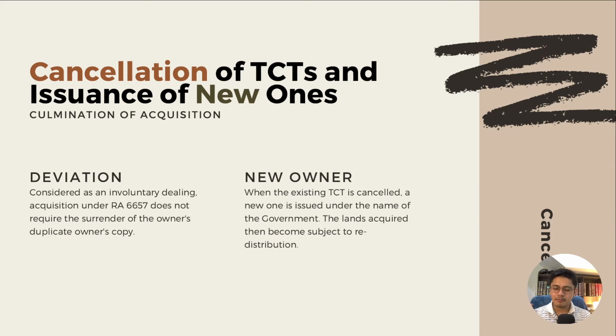If voluntary dealings, that means in order for that dealing, let's say a contract of sale, to be reflected in the records of the RD, and in order for a new certificate of title to be issued and the old one to be cancelled, the owner's duplicate of title, held by the registered owner, will have to be surrendered with the RD, because the purpose there is in order for the duplicate certificate of title to be also cancelled.